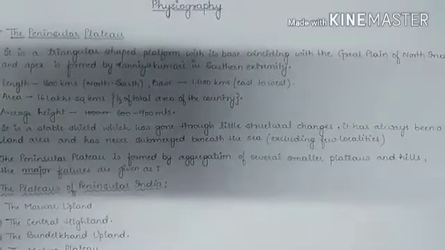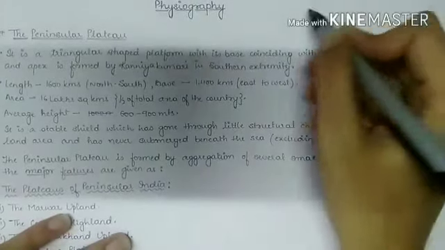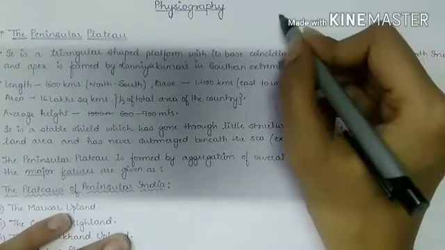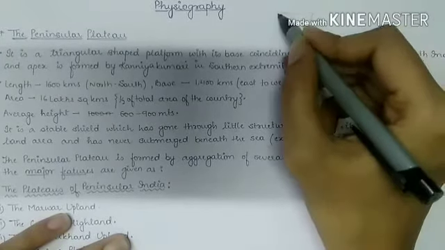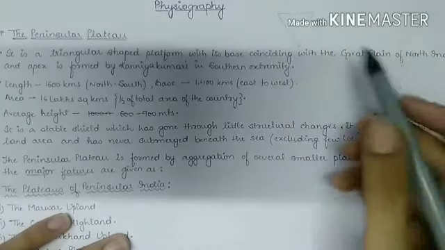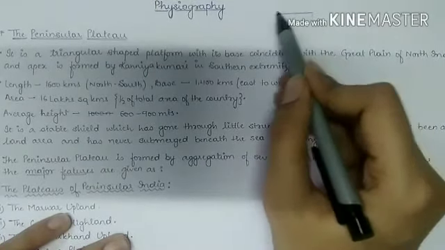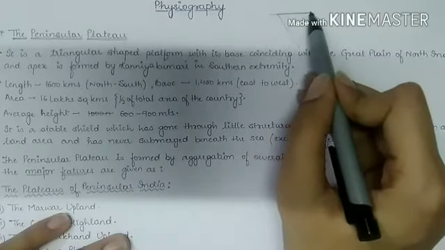So starting with the Peninsular Plateau. As we can see, it is a roughly triangular shaped platform which coincides with the southern part of the Great Plain of North India.